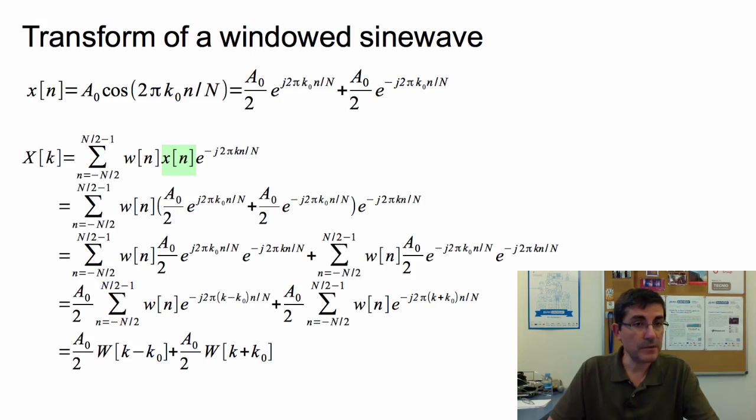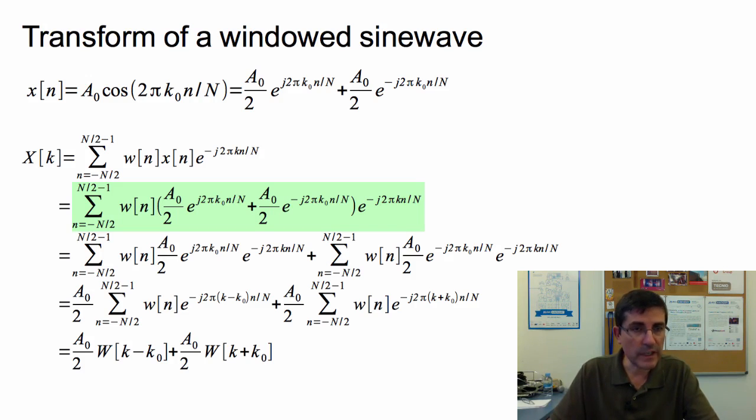Then if we substitute this signal into the short-time Fourier transform equation and we window it, we can step through these different steps in which we first put x of n in the equation, then we substitute it by the sum of these two complex exponentials.